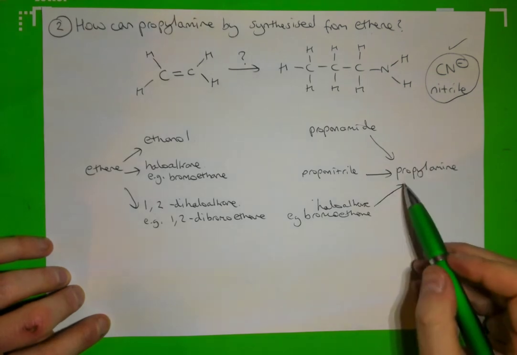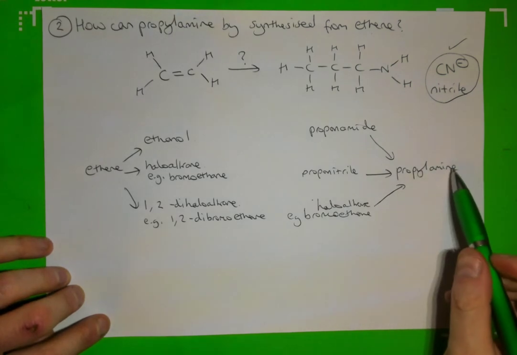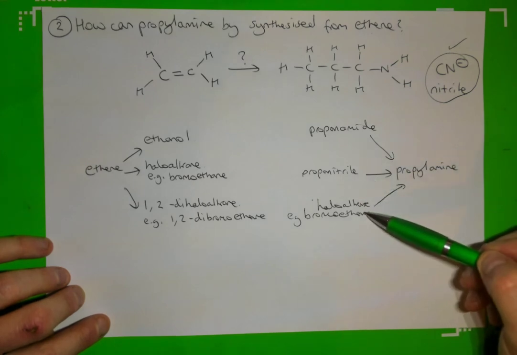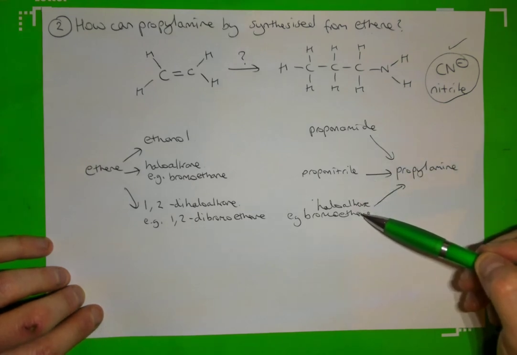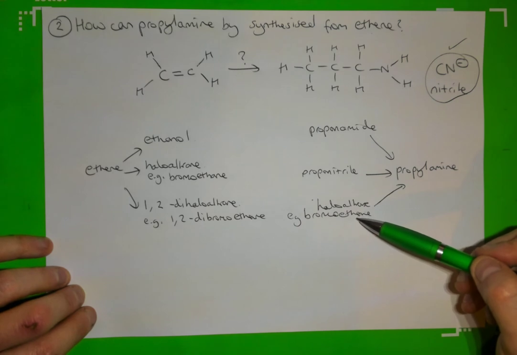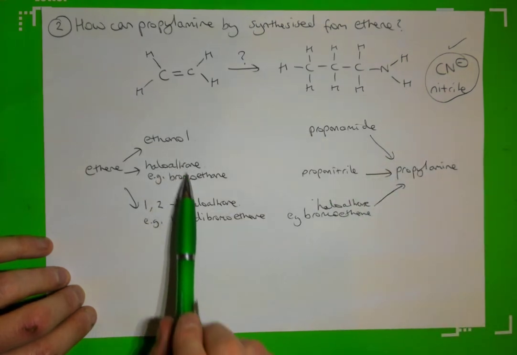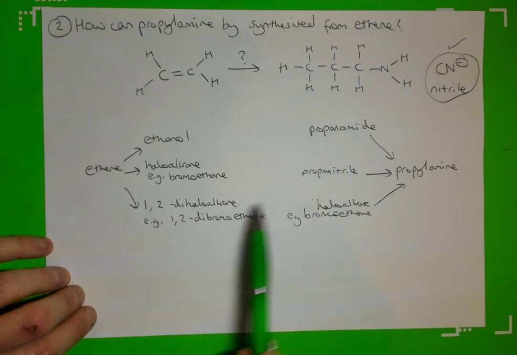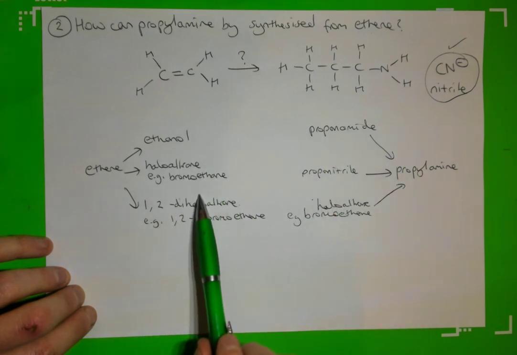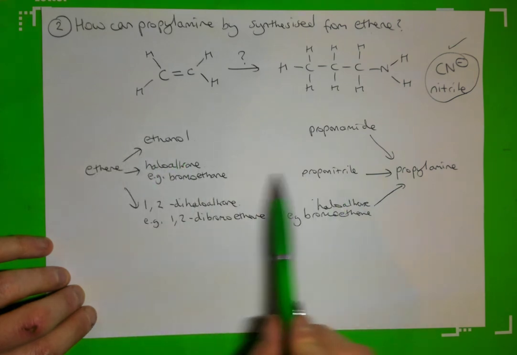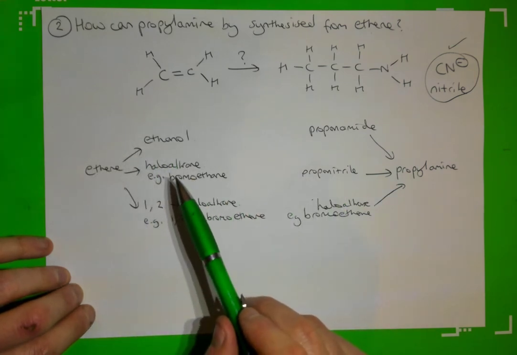And we know if we want to make an amine, we can use an amide, a nitrile, or a haloalkane. So in this instance, no compound that can be made in one step from the starting material appears here, so it can't be converted directly or in two steps. So I'm going to need three steps.